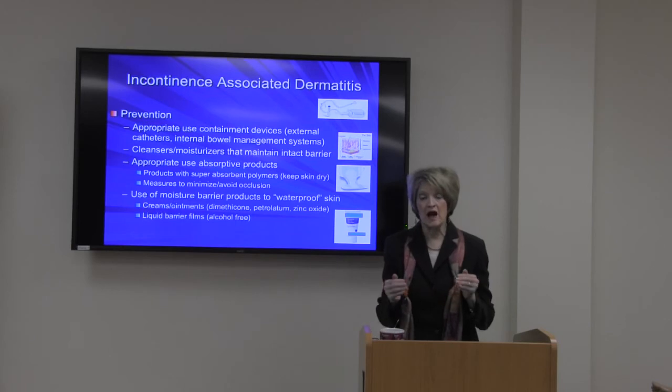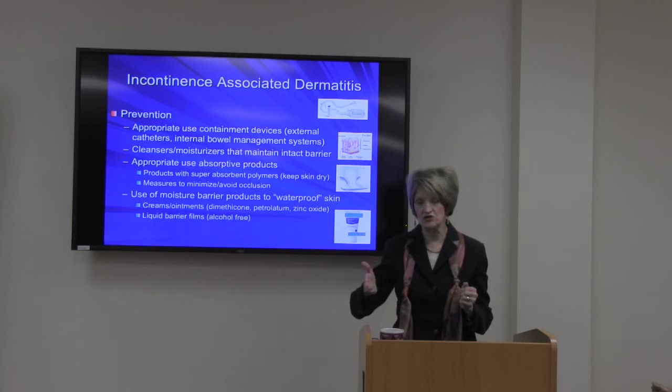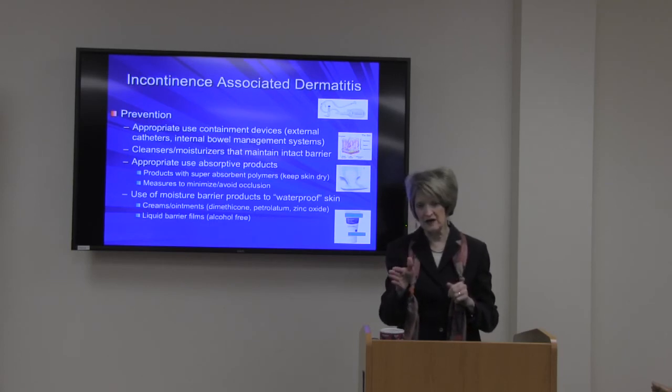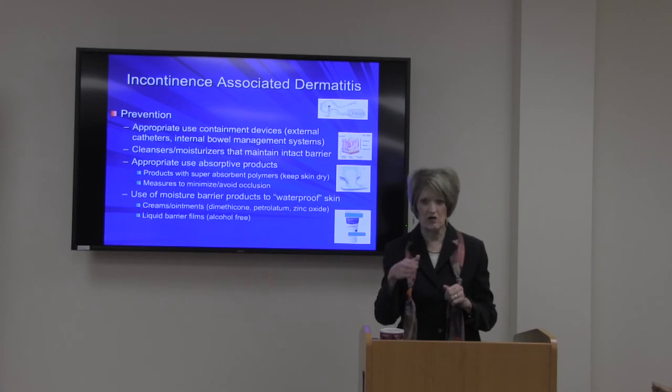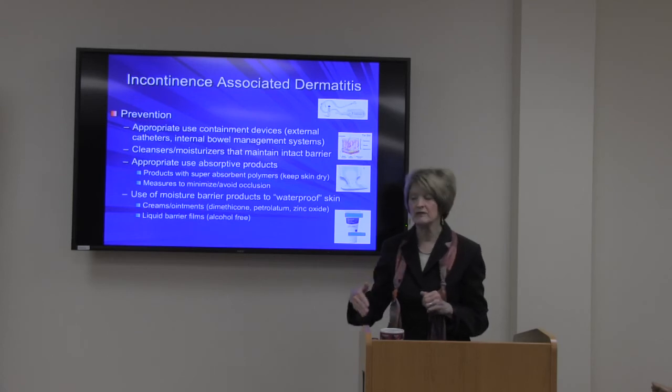When you talk about incontinence-associated dermatitis, the sources of moisture are urine and stool. So those are external moisture sources. We always want to protect the skin by applying something that acts like an umbrella or a raincoat that prevents contact between the urine and stool and the skin.